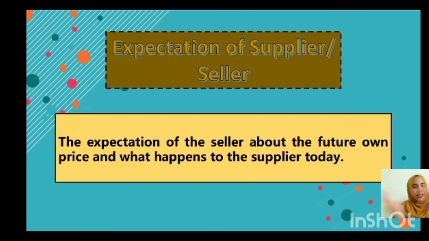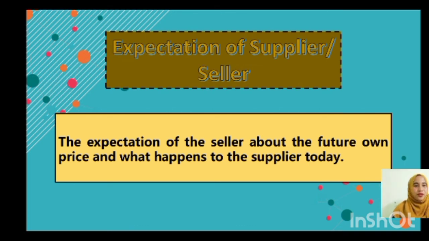So, what was that again? If the expectation of the supplier is that in the future the own price will increase, so magbebenta siya ng konti lang today. Okay? So, if the expectation of the supplier is that the price of the goods will decrease tomorrow or in the future, then he will sell more supply today.